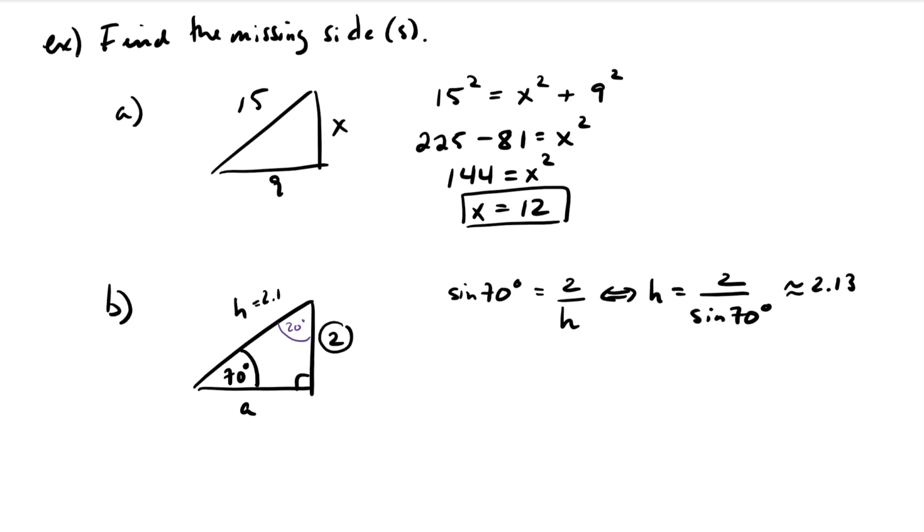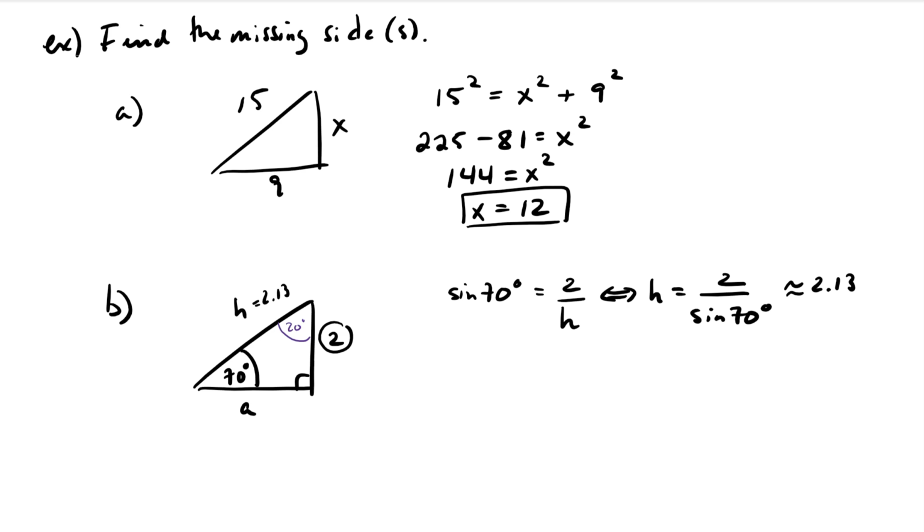Now at this point, to find a, I have two options. I could use a trig function again, just like I did to find the value of h, to find the value of a. But also now that I have two sides, I could use the Pythagorean identity.